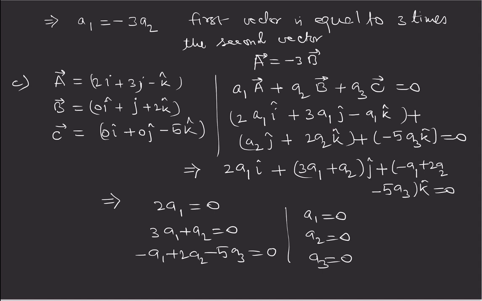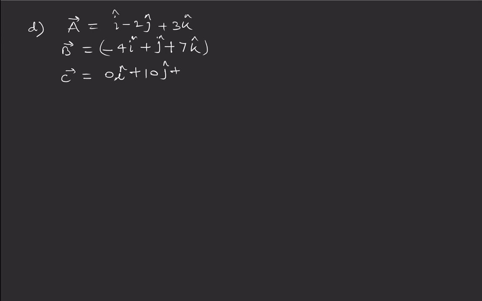Now we'll check the fourth set. A is given as i minus 2j plus 3k, and B is equal to minus 4i plus j plus 7k, and C is equal to 0i plus 10j plus 11k, and D is also given as 14i plus 3j minus 4k.